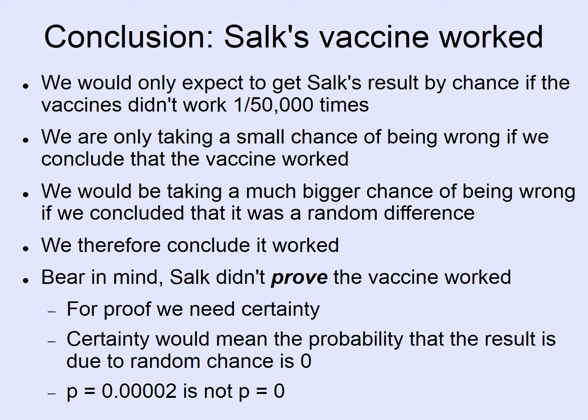So we conclude we have evidence to support that it worked. We're taking a very small chance of being wrong, a probability of 0.00002 that we're wrong. So that's why we never prove anything, but we have evidence to suggest, evidence to support that it worked.